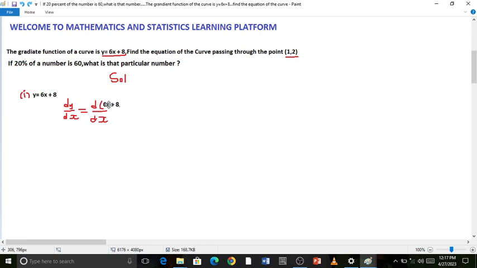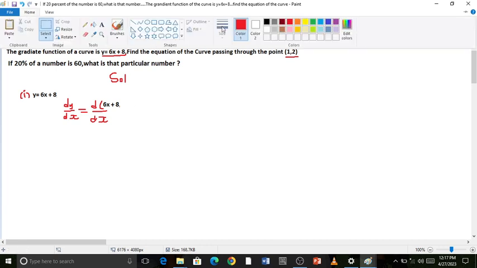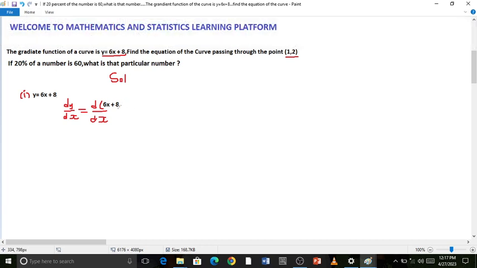Differentiating y with respect to x is the same as differentiating the function there, which is 6x plus 8.